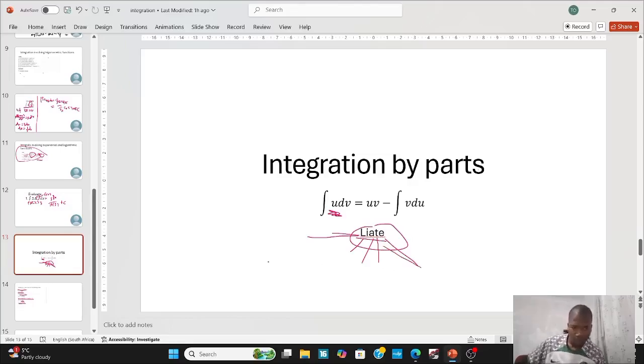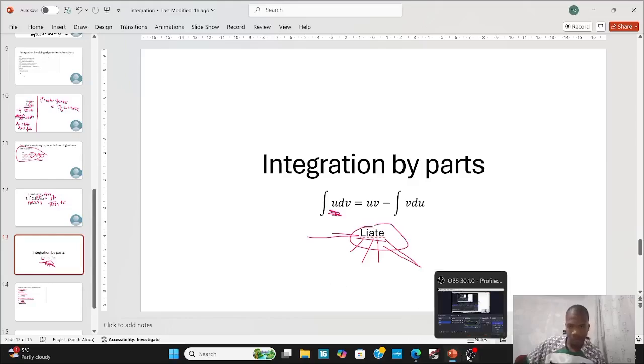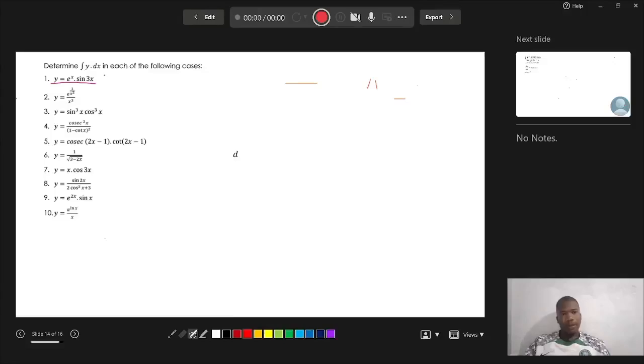So we'll look at a few problems here that will cover. The first one we have to integrate is e to the power x multiplied by sine 3x, right? That is the first one that we have to integrate.